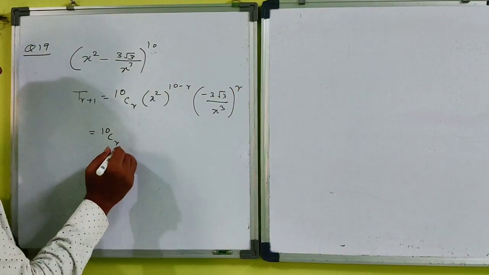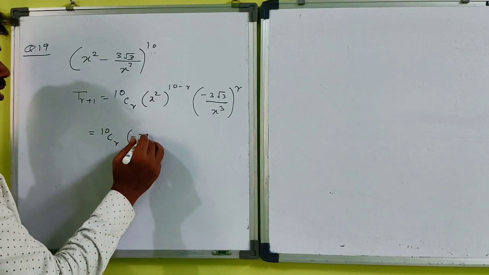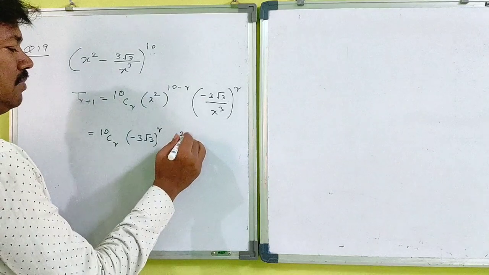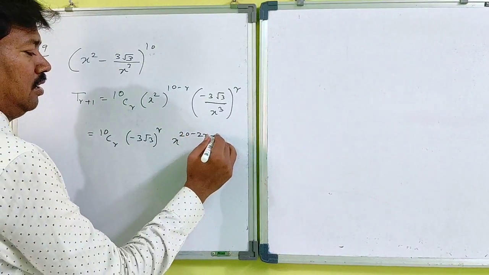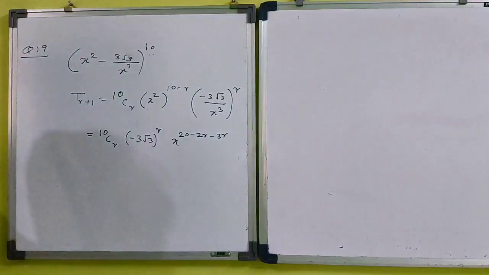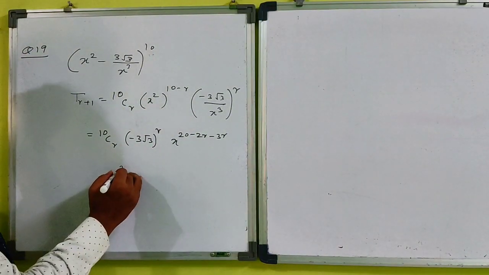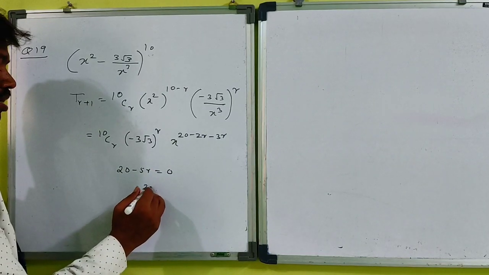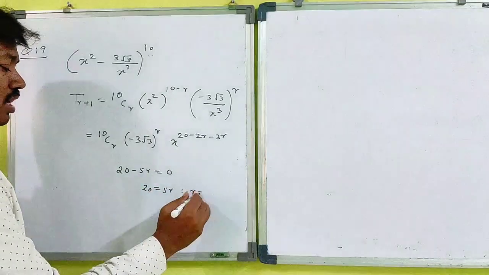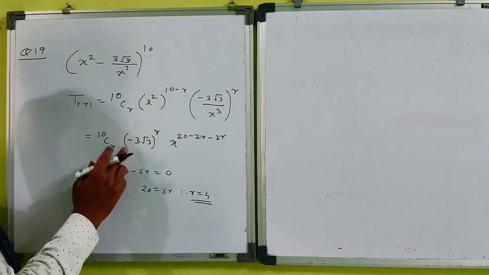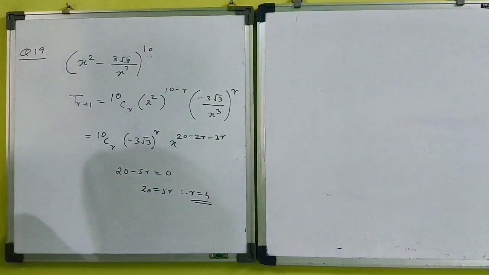It is 10Cr, 3 root 3 raised to r, x raised to 20 minus 2r minus 3r, like this. So what is the value here? 20 minus 5r, this should be 0. So 20 is equal to 5r, therefore r should be equal to 4.